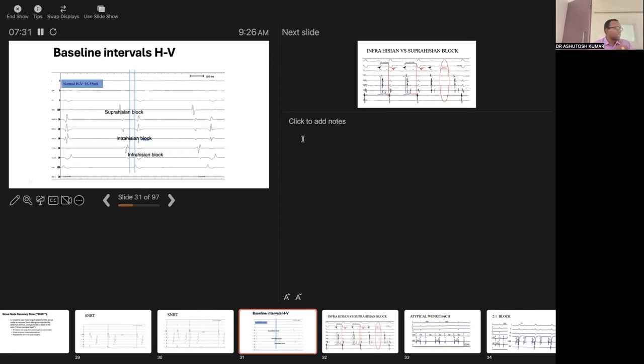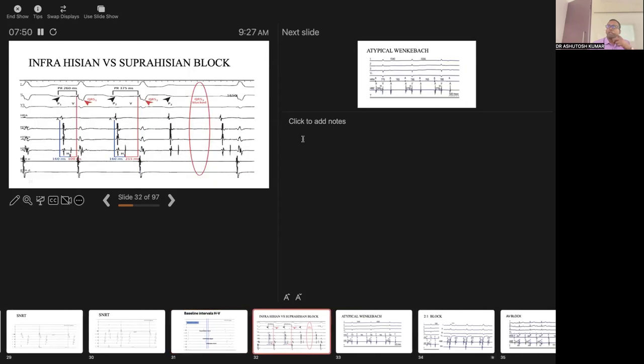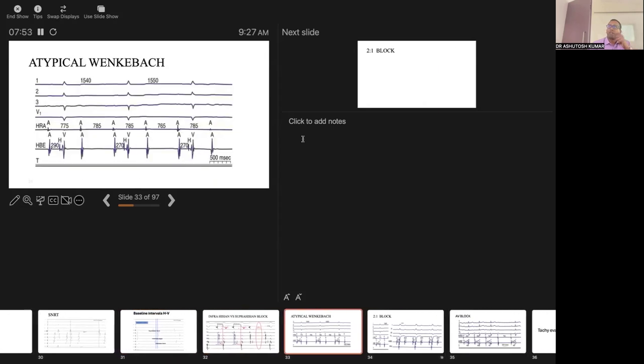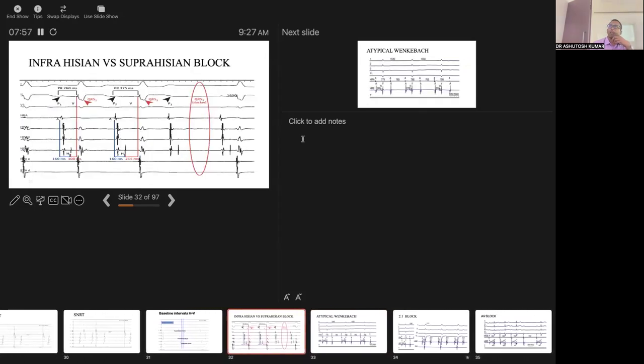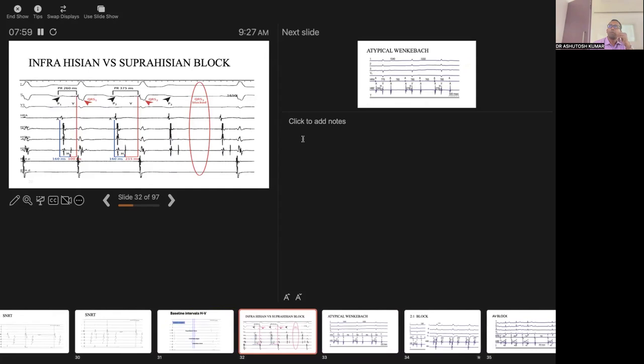So getting a his signal followed by QRS is bad or good? If you are in a his signals, block is developing and his signal is present, is it a good sign or bad sign? So I'm saying this is bad or this is bad? This is one. This is suprahisian, infrahisian?